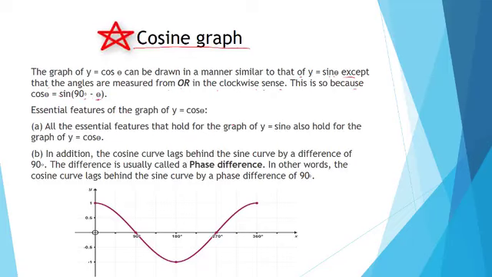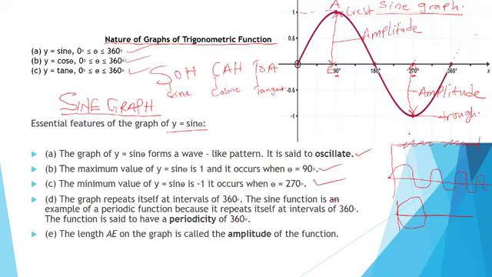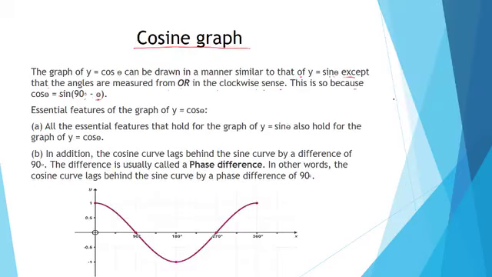Now what it's trying to tell us is that, remember, when we did the sine graph, the graph started from the origin. We had something like this. This is the origin, the 0 point. The graph started from here, came to 180, and moved to 360; this is 90, this is 270.